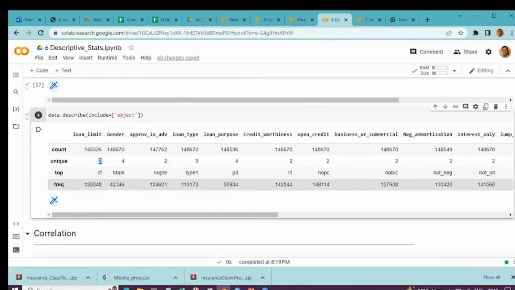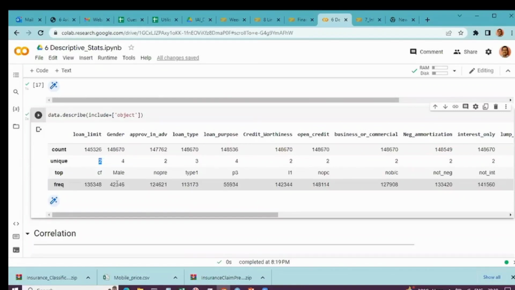As we have already discussed some time back, for any column with just one unique value, it's better to drop that column because that column does not carry any information for you to build the model. So here there are two unique values.